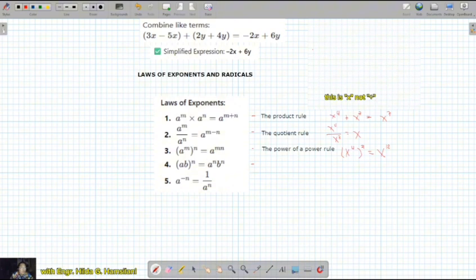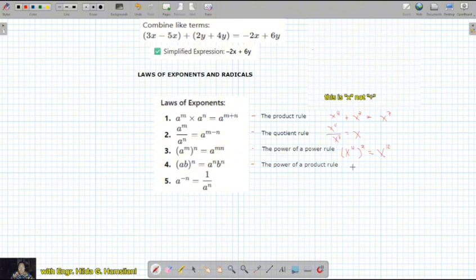And then here comes the power of a product rule. Here, when a product ab is raised to power n, the power is distributed to each factor inside the parenthesis. Let's use two variables.